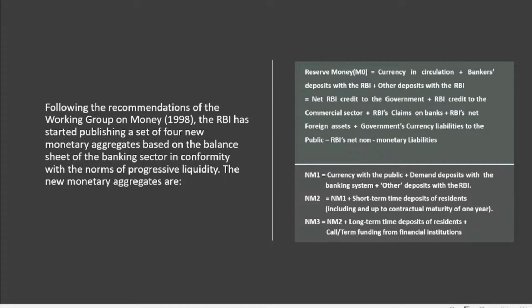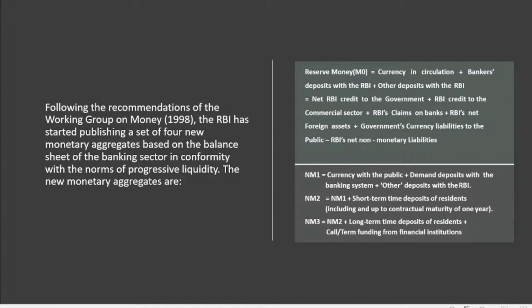So they have recommended as follows: reserve money M0 is the currency in circulation, bankers' deposits with RBI, and other deposits with RBI. That should be equal to the net RBI credit to the government, RBI credit to the commercial sector, RBI's claim on banks, RBI's net foreign assets, government's currency liabilities to the public, minus RBI's net non-monetary liabilities.